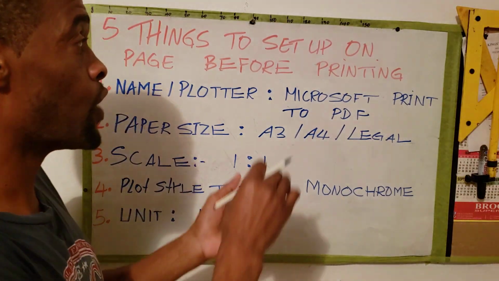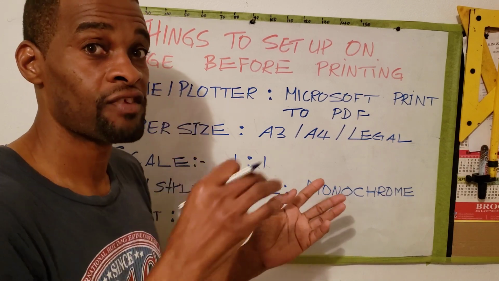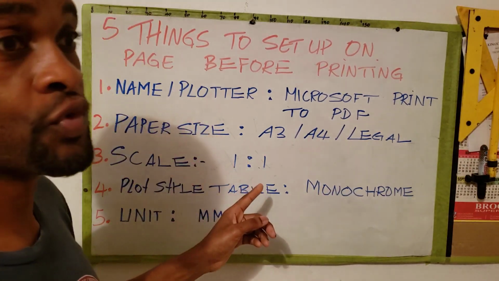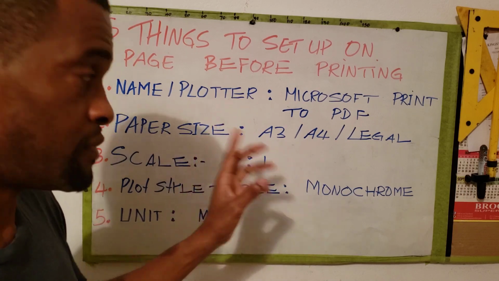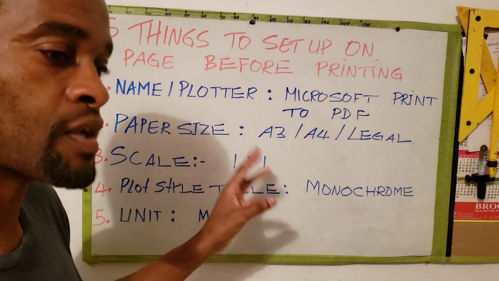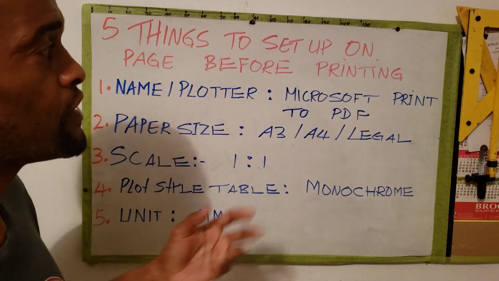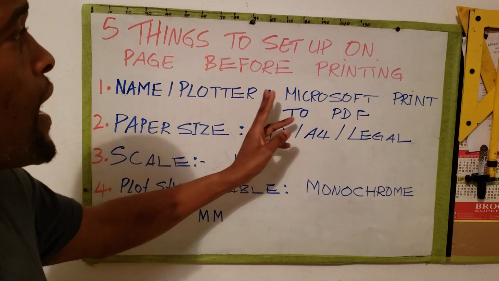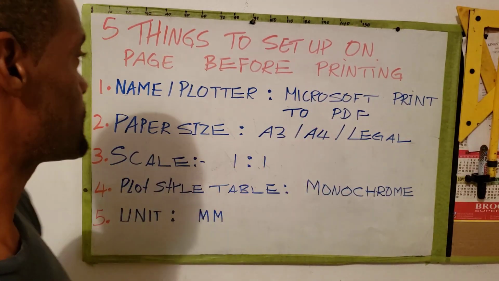Again, if you want to print on a larger size paper, you will choose DWG to PDF .PC3. However, for CSEC purposes, I would recommend that you stick to this. This is simple and easy, right?